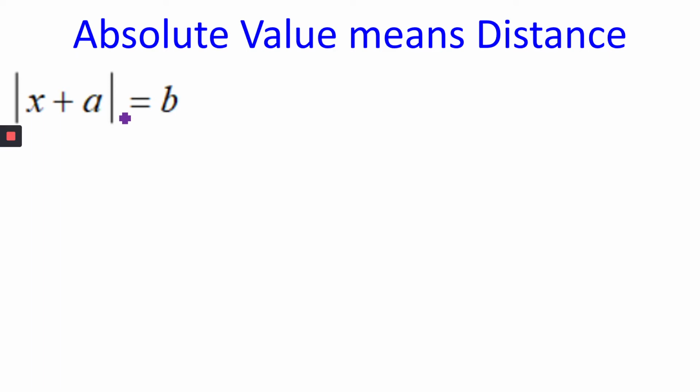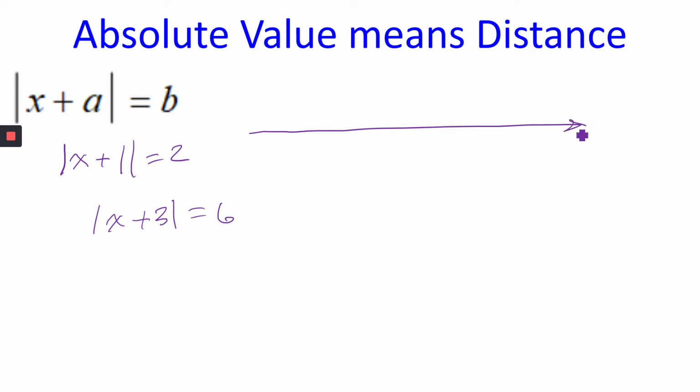Anytime we have an equation and it's equal to a number, this setup is going to be the same. It doesn't matter if it's absolute value of x plus 1 equals 2, or absolute value of x plus 3 equals 6. I could put any numbers that I want in for A and B. What we should be thinking about, though, is that absolute value is distance.